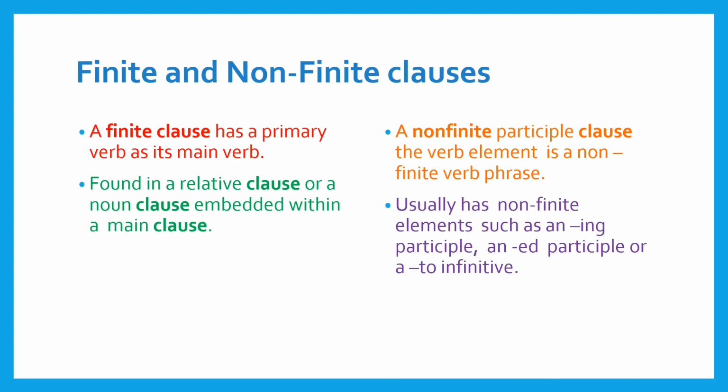Usually, it has non-finite elements such as the ing participle, the ed participle or the to infinitive, as we have clearly understood above. And these participle clauses mostly occur as noun complements.